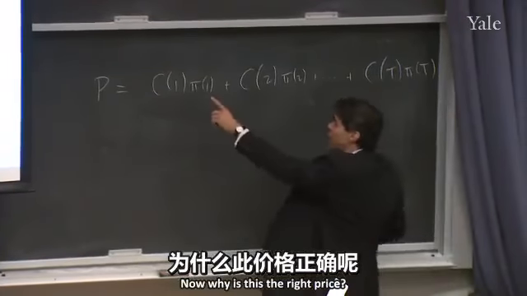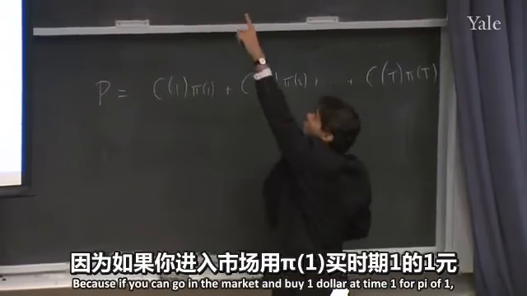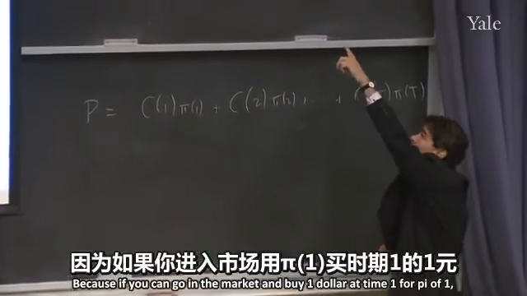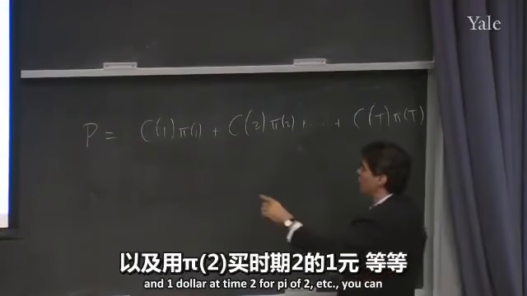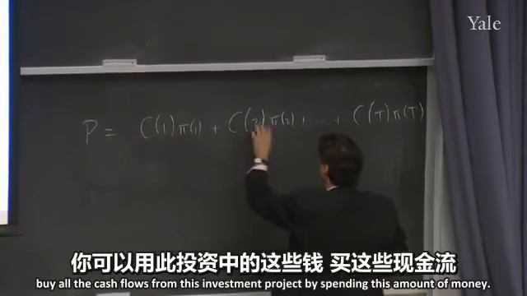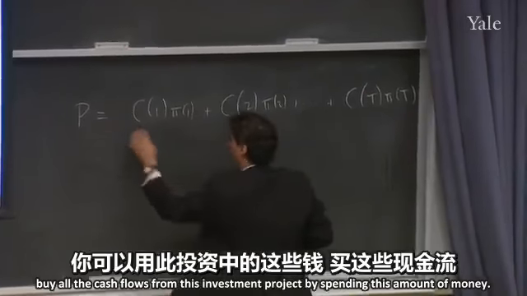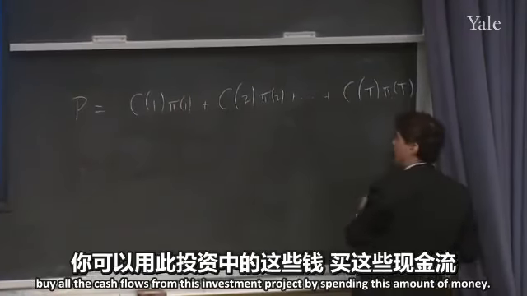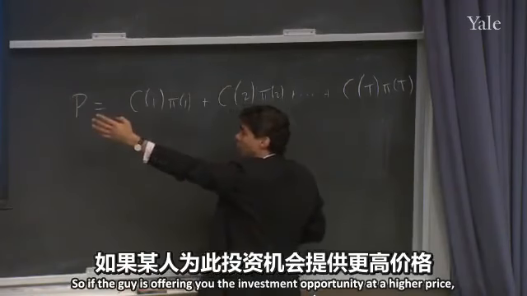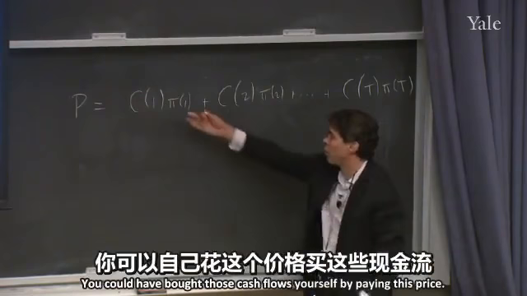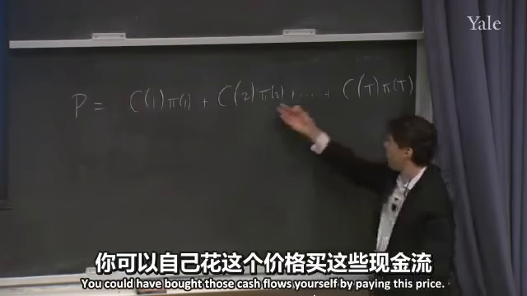Now why is this the right price? Because if you can go in the market and buy $1 at time 1 for pi of 1 and $1 at time 2 for pi of 2, etc., you can buy all the cash flows from this investment project by spending this amount of money. So if the guy is offering you the investment opportunity at a higher price, it's crazy to do it. You could have bought those cash flows yourself by paying this price.